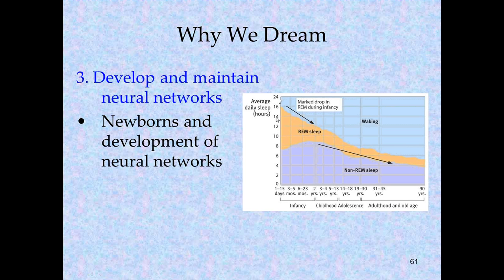As you can see on the chart, they get nearly 17 hours on average, and we think all of this REM sleep and dreaming helps them to form new connections in their brain so that they can advance in their intellectual development. And notice that also makes sense: as we have formed all of those synapses, we have less need to form new ones, and as we mature, the need for REM sleep tapers off.